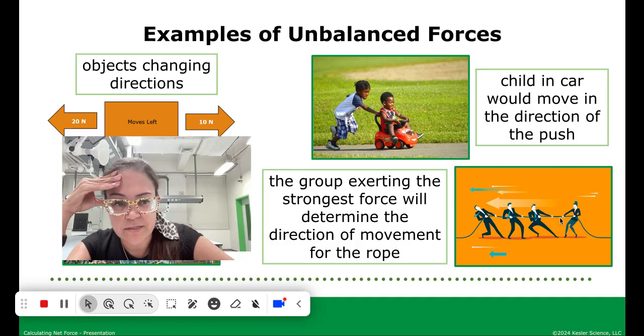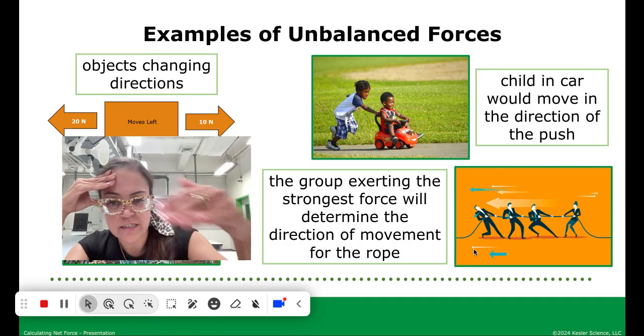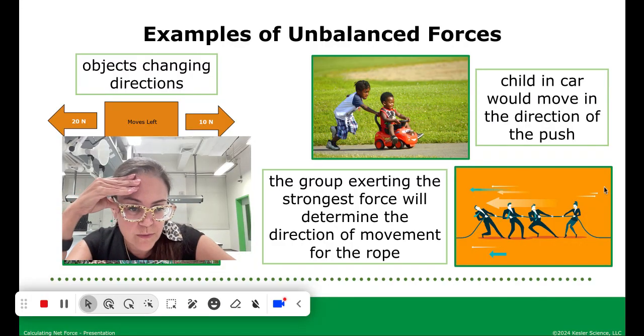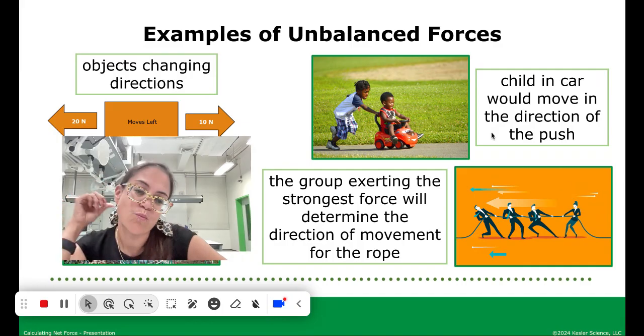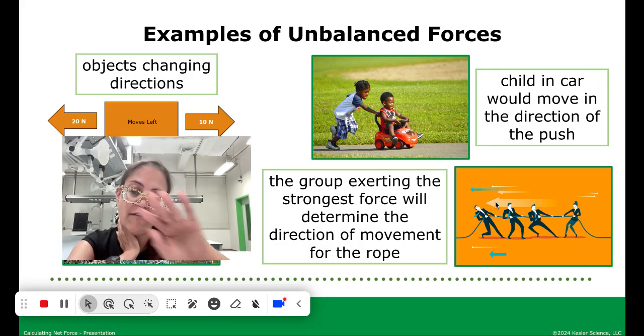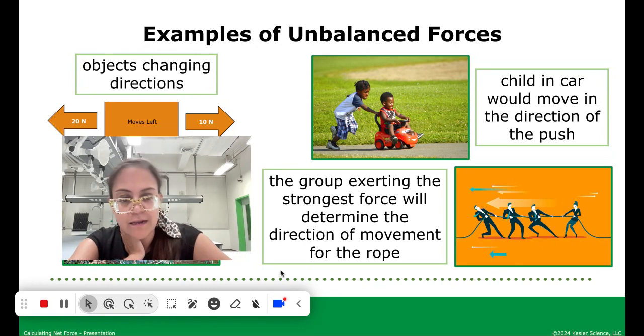And then there's 1 person on this side. All these arrows show motion to the left, and there are just 1 or 2 little tiny arrows going to the right. So there's way more force pulling to the left than to the right. So these 3 guys on the left are going to win because the rope is going to go off to the left.